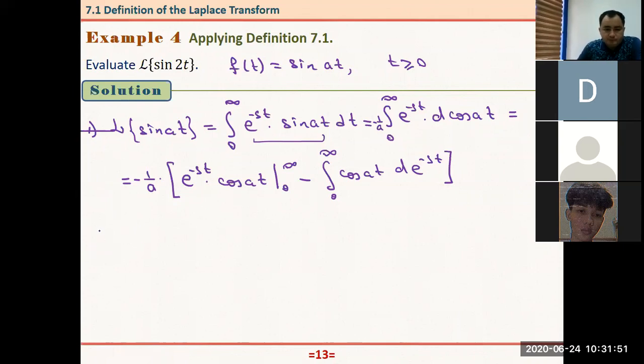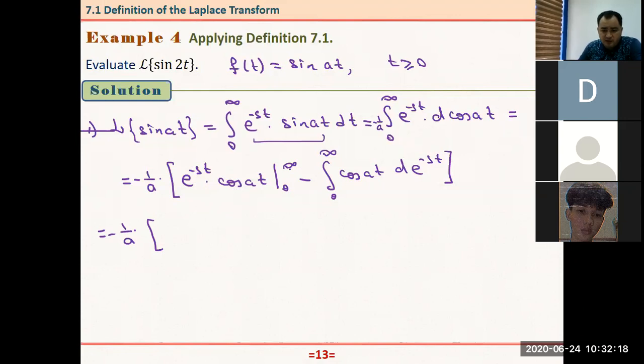Okay. Equals, here we have minus 1 over a times. Again, guys, you should be really fast at calculating this one, right? Here, when t is positive infinity, we have cosine of at over e to the power st. Now here, again, this limit exists if s is positive. Now just keep in mind that s is positive.